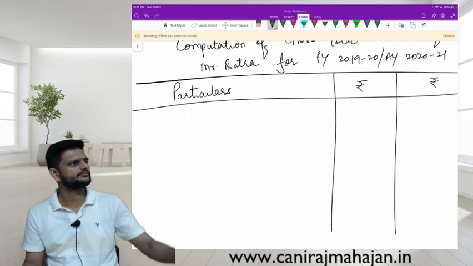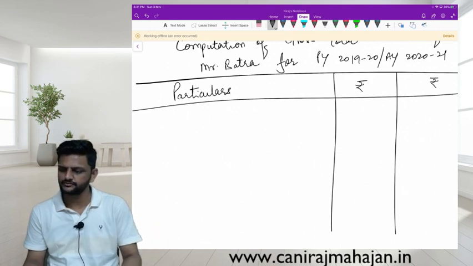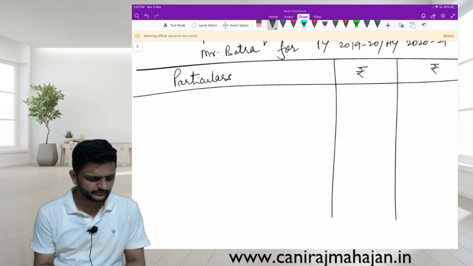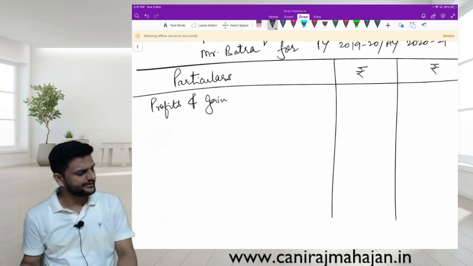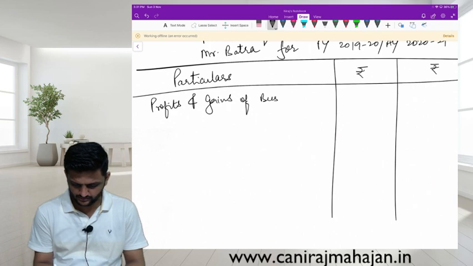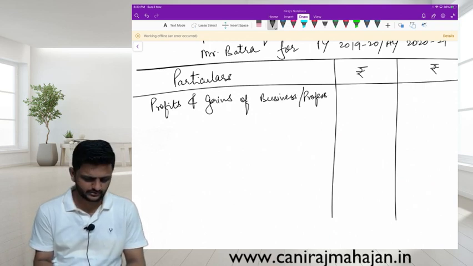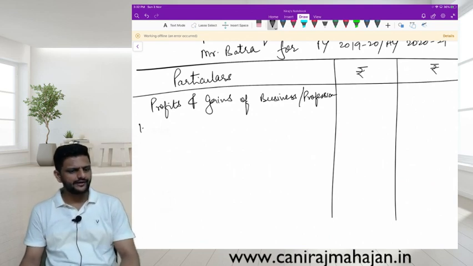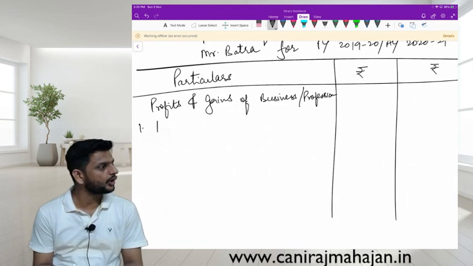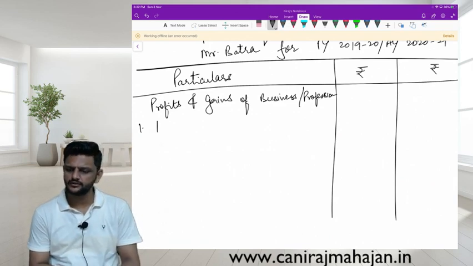But as per the sequence of incomes, profits and gains of business or profession. Under that, do we have normal business income? Everyone. Normal business income. Which one it is?